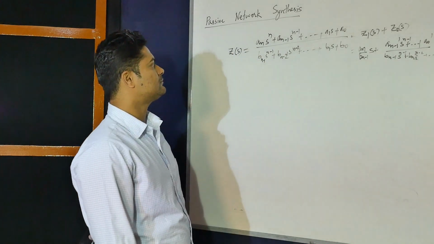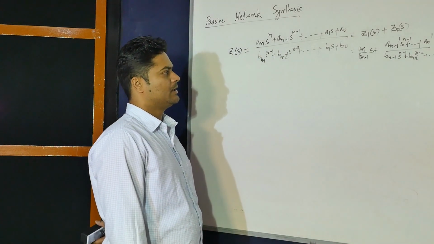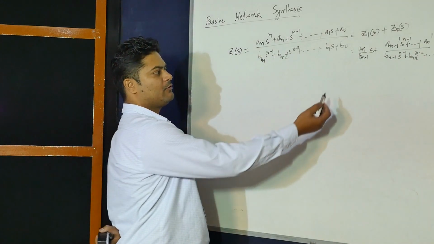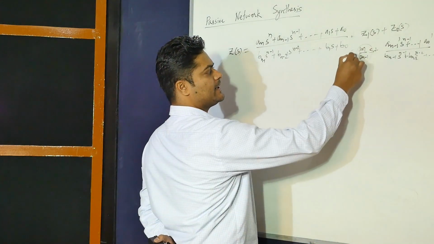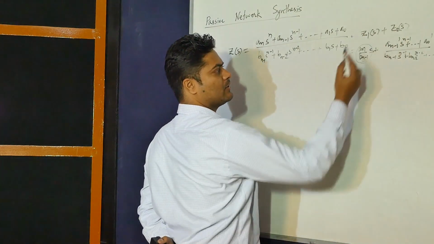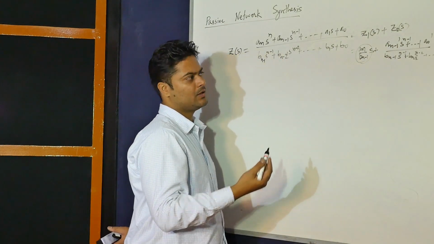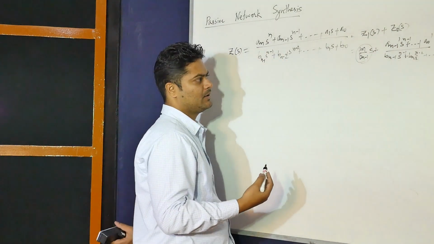So from this we found that this is Z1 of s and this is Z2 of s. This is the continued fraction expansion which we have seen in the Hurwitz polynomial.